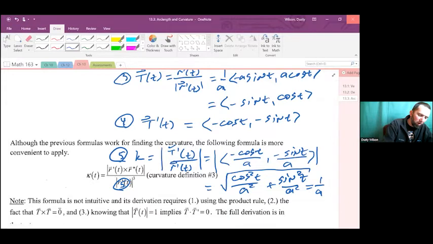And so our curvature of a circle with radius a is 1 over a.